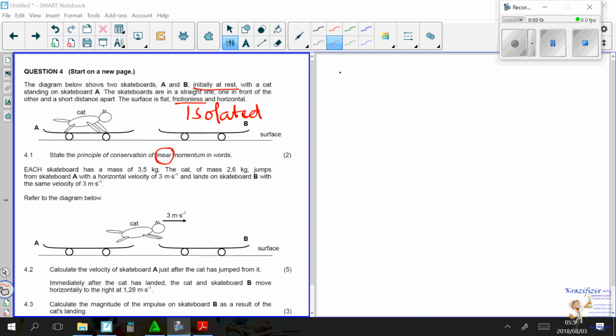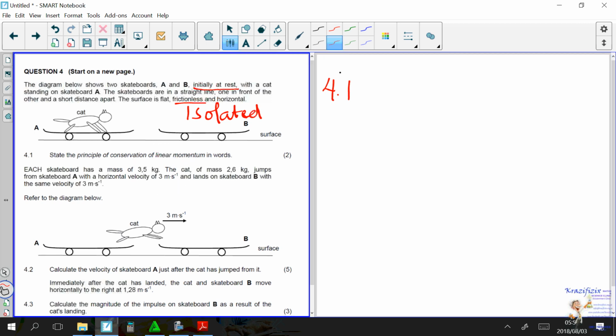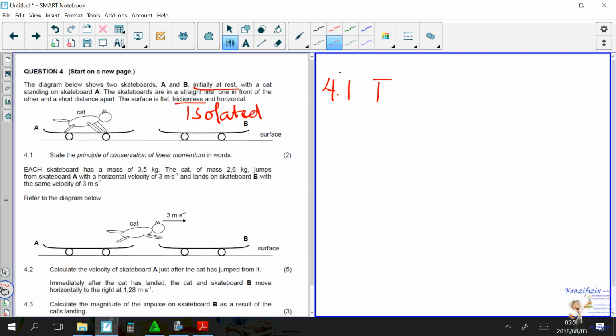Now look at the first question, 4.1. You should be expecting to answer such a question in an exam. 4.1: State the principle of conservation of linear momentum. What does it state? Let's make it very simple.